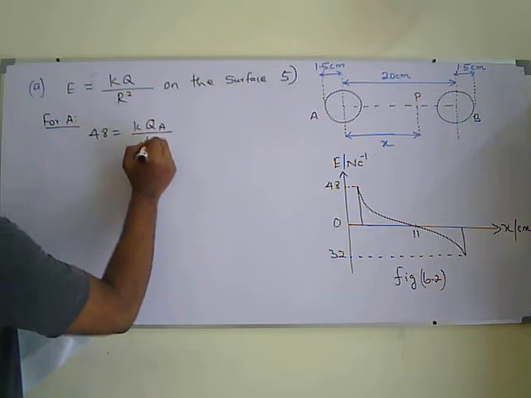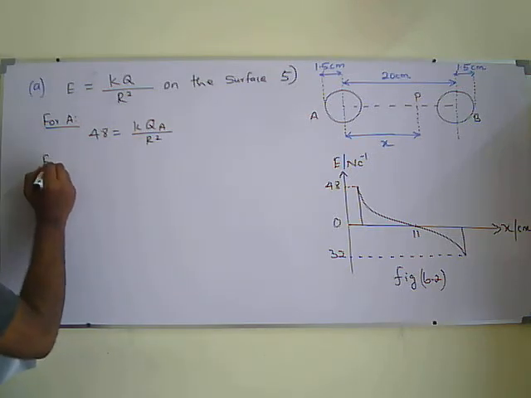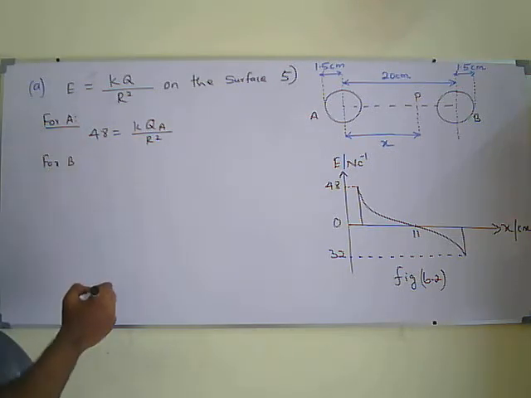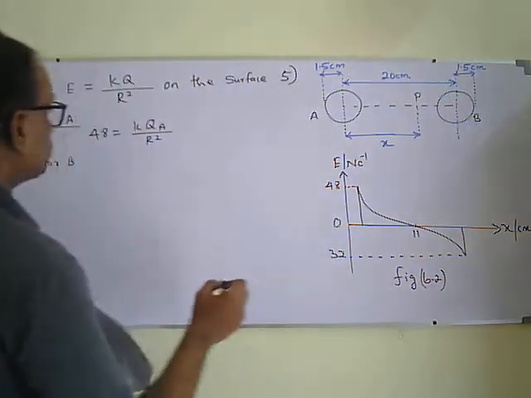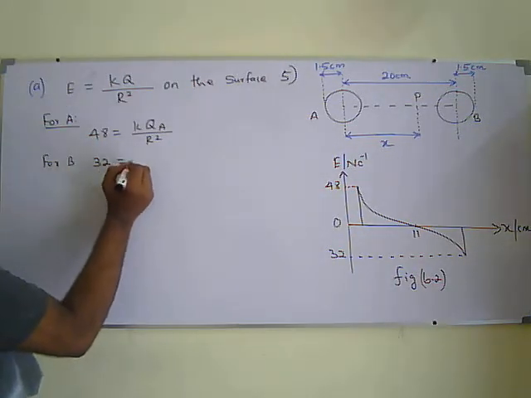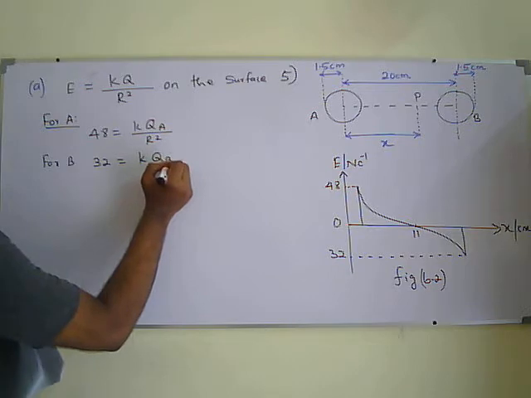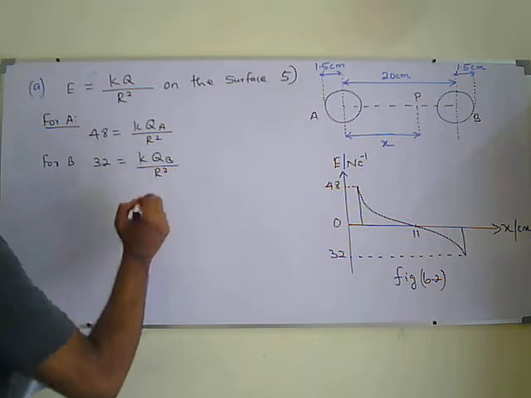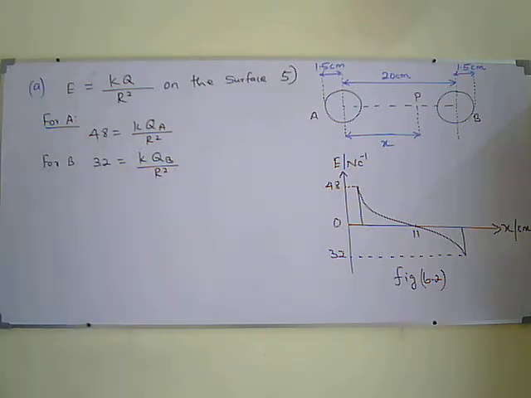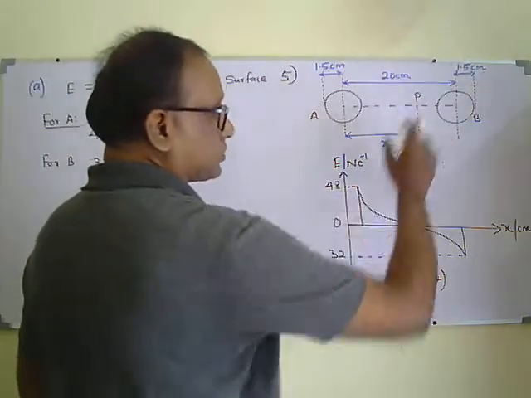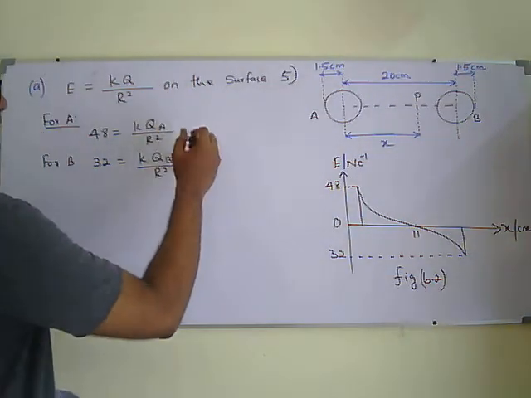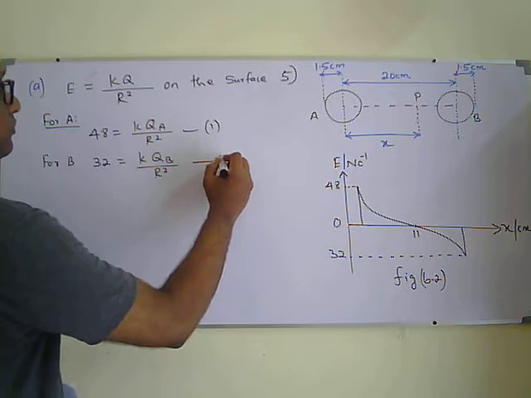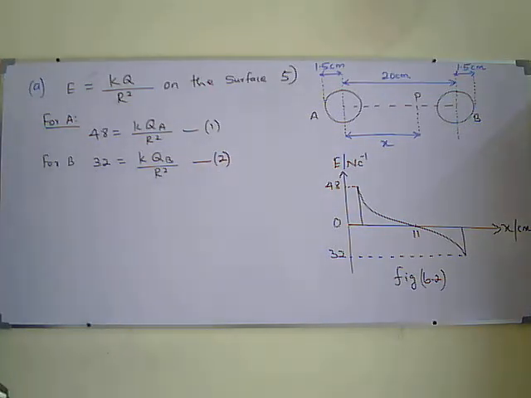So I can say 48 equals KQA over R squared. For B, the electric field strength is 32, so 32 equals KQB over R squared. Both have the same radius. It's shown on the diagram. So divide equation 1 by equation 2. I need QA over QB.